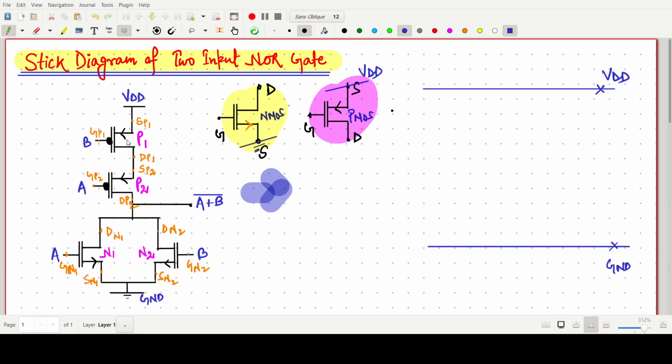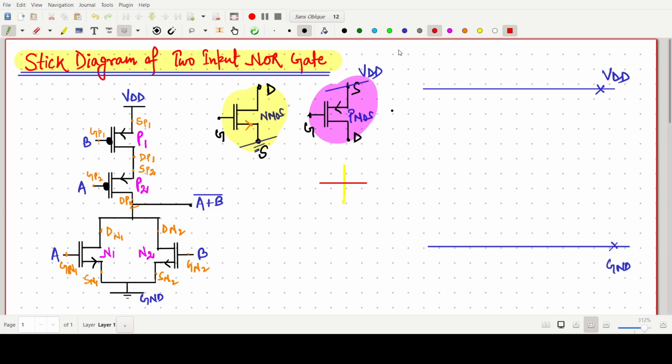Then there are two PMOS. Now I am just removing this. Two PMOS is there and two NMOS. So how do we make the PMOS? In PMOS, the representation will be like one yellow line and then one polysilicon.